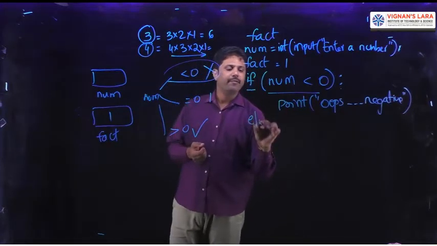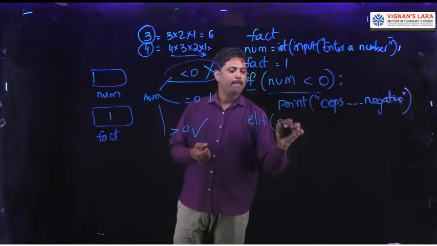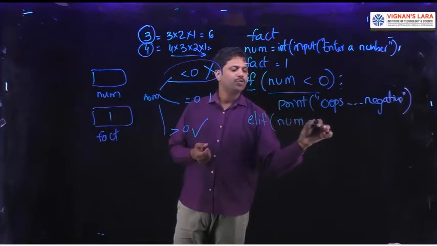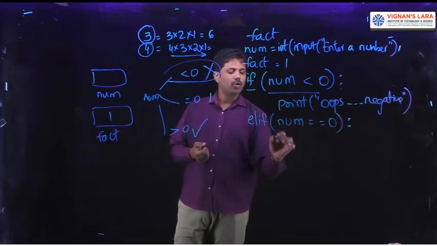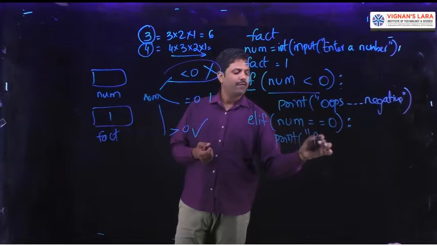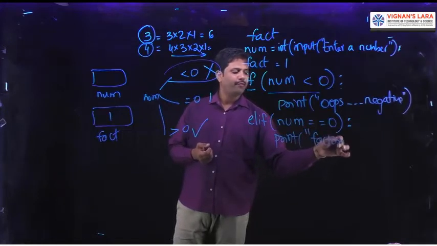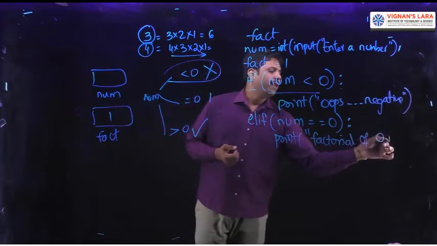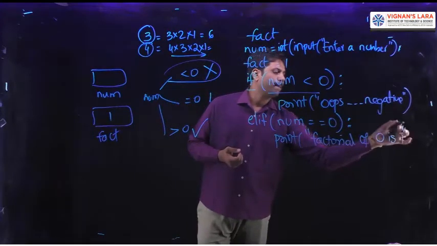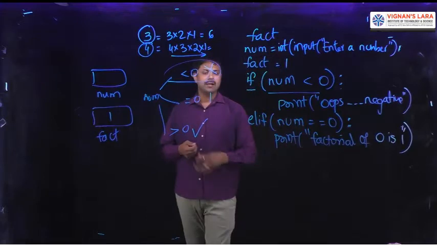And if num equals 0, I'm going to give a print statement: factorial of 0 is 1.